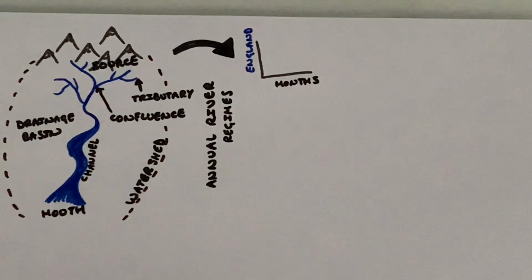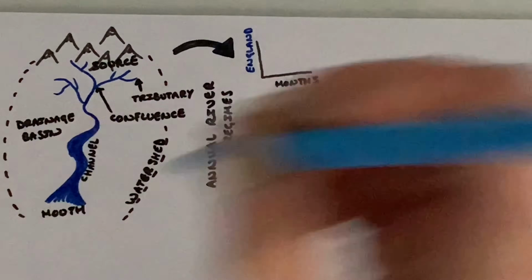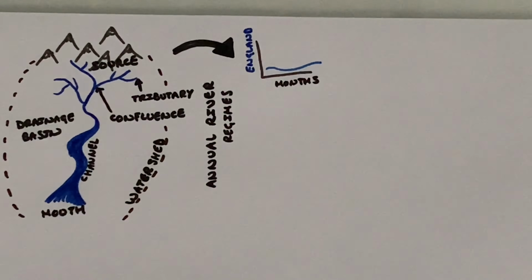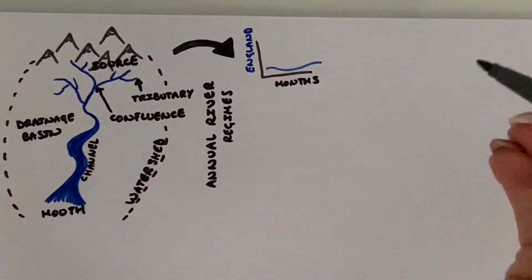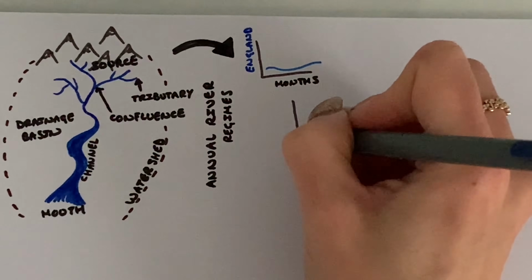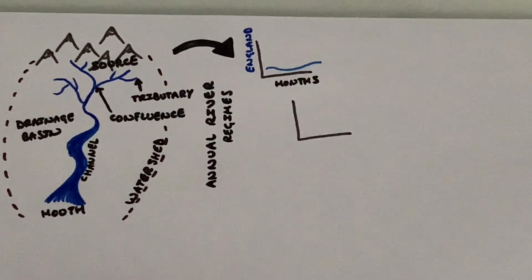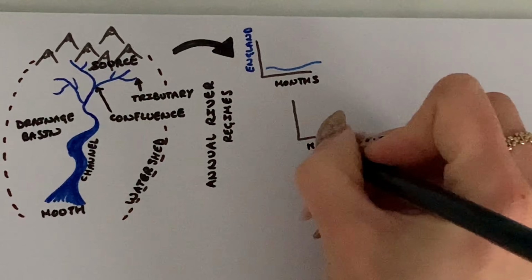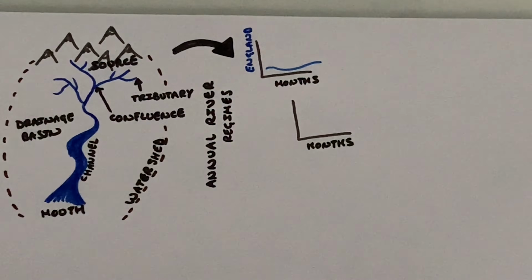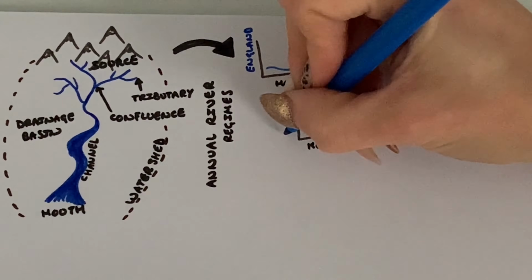Now, if we take, for example, a river in England, rivers in England could be surrounded by vegetation and have very large amounts of deep soil. The rock underneath is then potentially a permeable surface such as chalk, so the river levels in England may remain relatively constant all the way through the year.